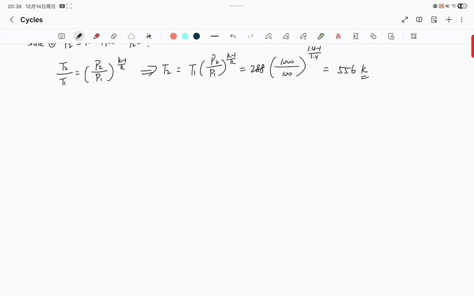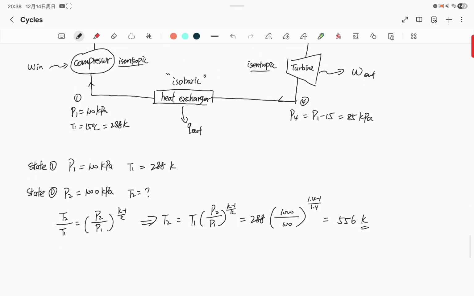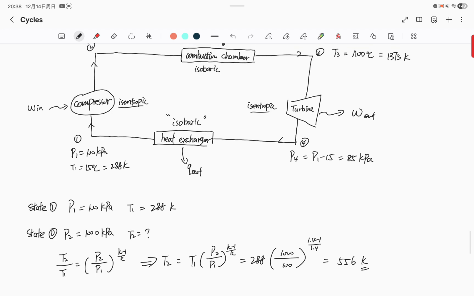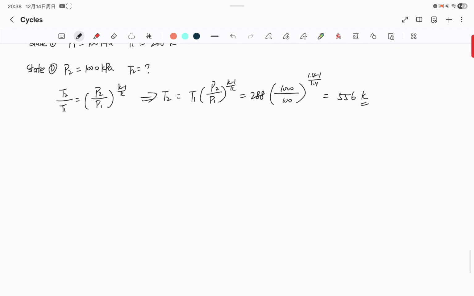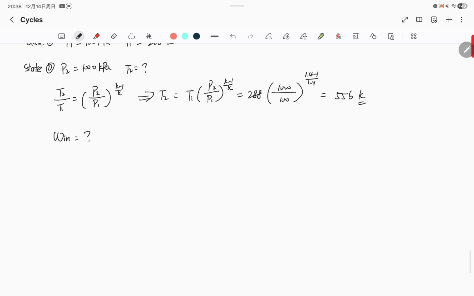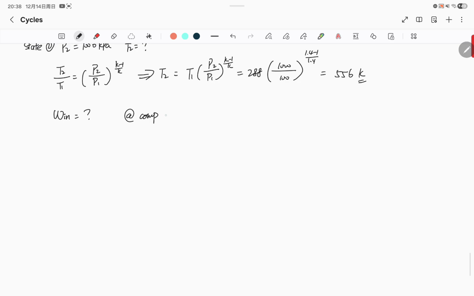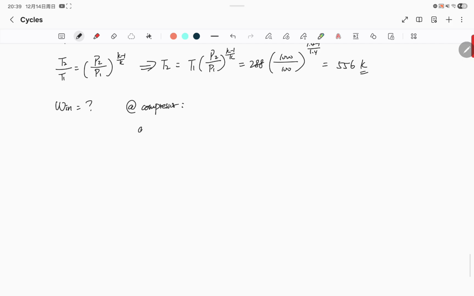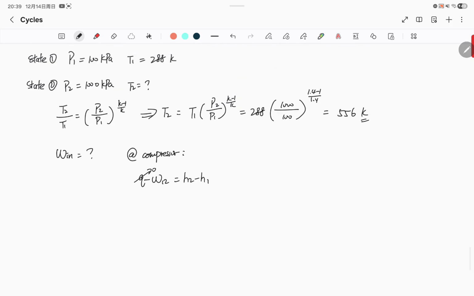Since we got temperature T2, we have all the information for state 1 and state 2. What's sandwiched between state 1 and state 2 is the compressor. So right away we can calculate work input. At the compressor, we have Q minus W12 is equal to H2 minus H1. And since it's adiabatic, why adiabatic?